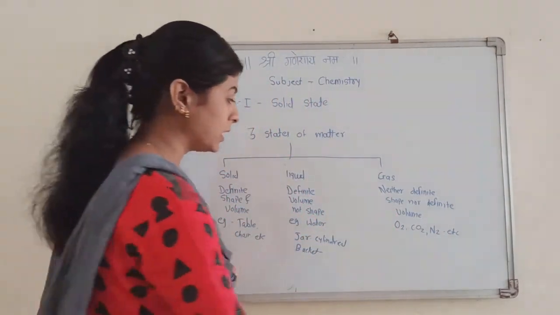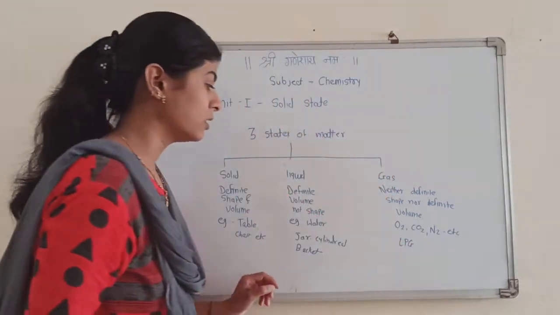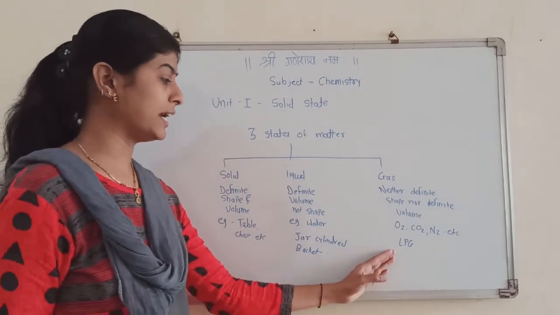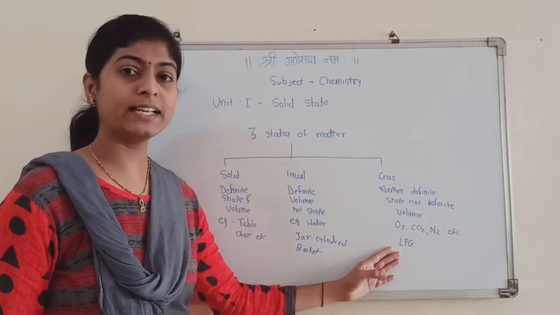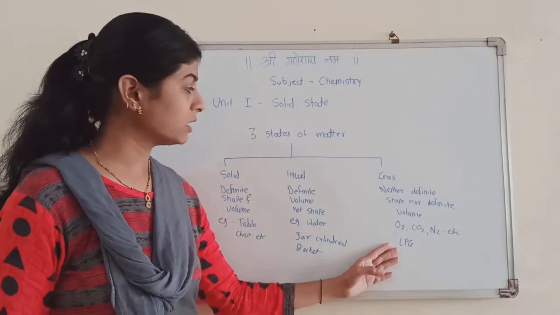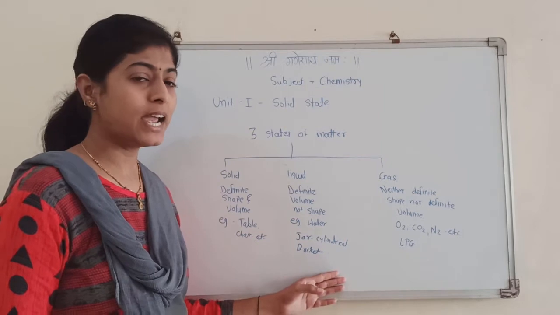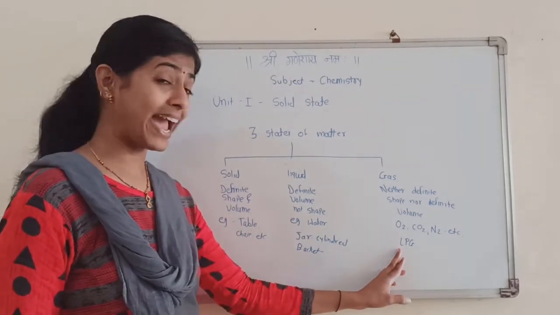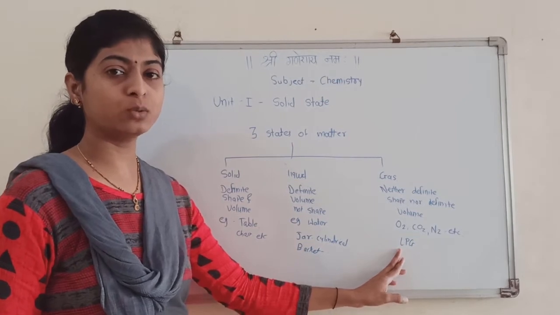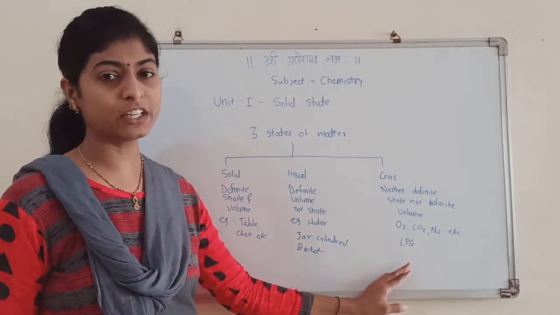For example, our LPG gas cylinder. In LPG, that is liquefied petroleum gas, the gas is pressurized or compressed so that the gaseous state changes into a liquid state and then fills the cylinders, so that the gas is converted from the gaseous state to the liquid state.